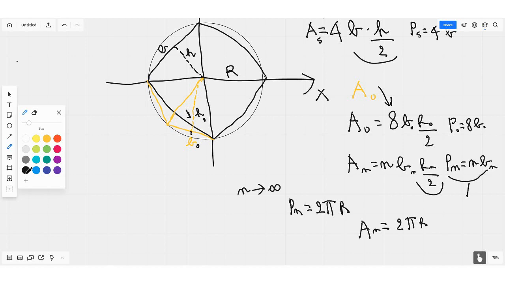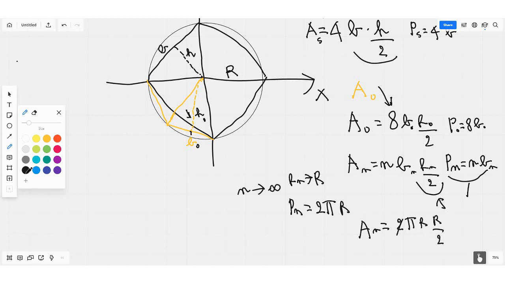So that means that for n which goes to infinity, h_n will approach the value of r. So that means that in this formula now, instead of writing h_n over 2, we can write r over 2.